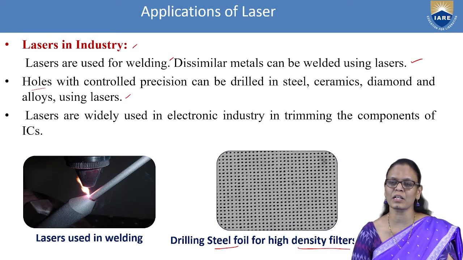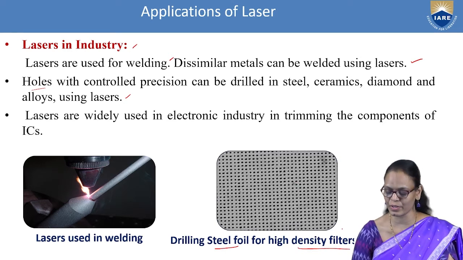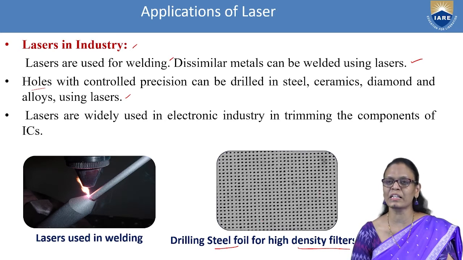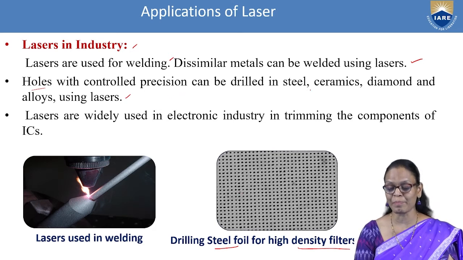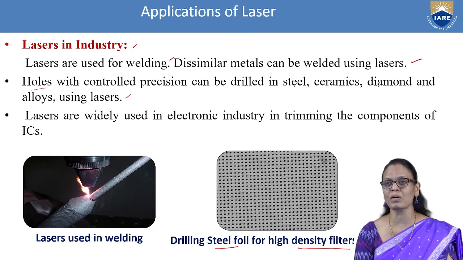Even in manufacturing, especially in the chemical industry, they use a lot of filters. When they use filters, the size of the holes is decided depending upon the usage, and the holes have to be very precise. It may be in steel, ceramic or diamond. Ceramic is very brittle, so you have to do it very carefully.